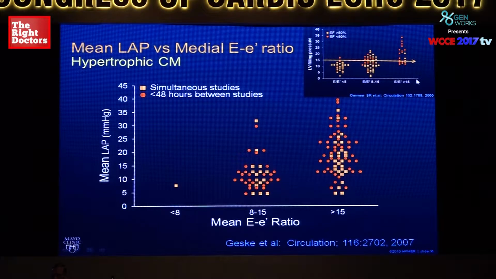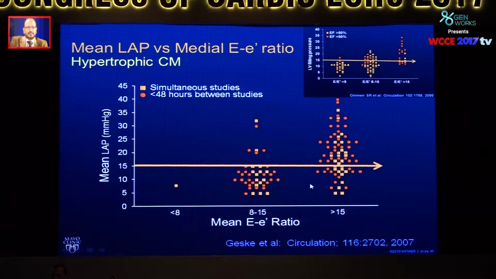If E/E prime is greater than 15, they all had high filling pressures. But here, because of the hypertrophic cardiomyopathy with the thick walls, E prime velocity is markedly reduced, so that E/E prime is rarely less than 8. So if it's less than 15, almost all of them have normal filling pressure. If it's greater than 15, then we have to figure out the other parameters I showed you already.